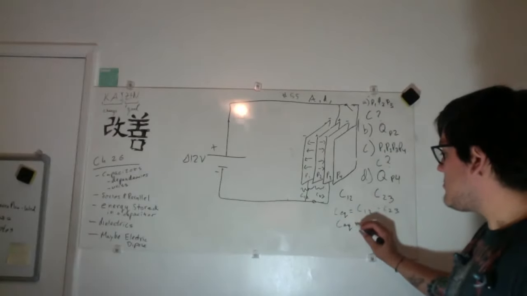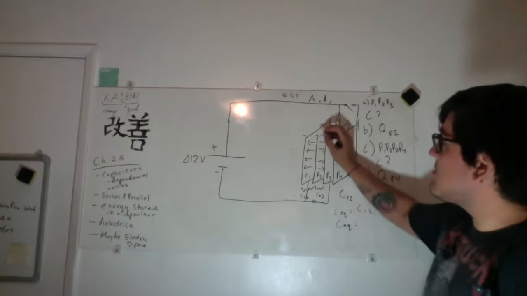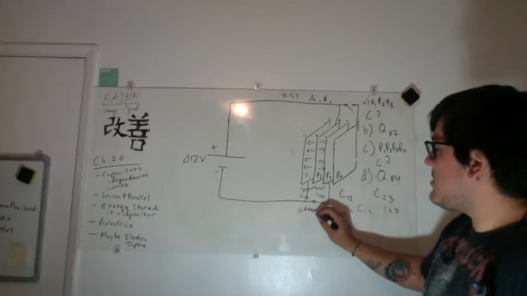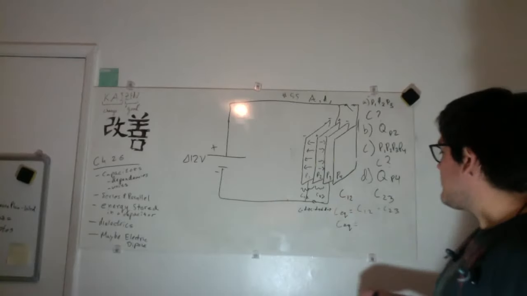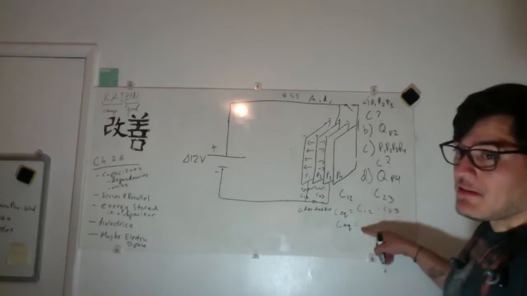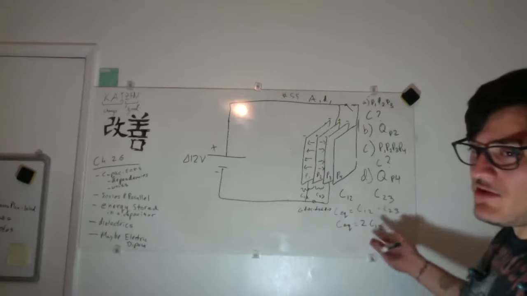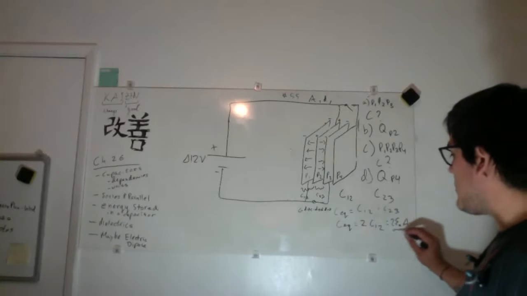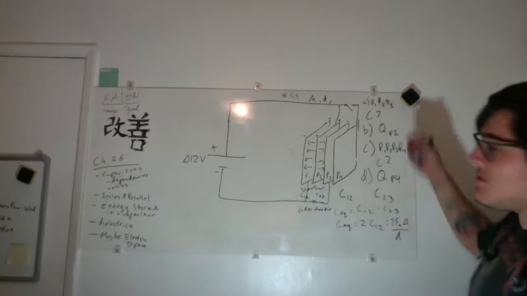C equivalent will be, if these are the same A and the same B, so these are all separated by D, then they are the same capacitance. So it'll just be C1 plus C2, or 2C. Or I can just say 2 epsilon A over D. That's the right answer. That's that.